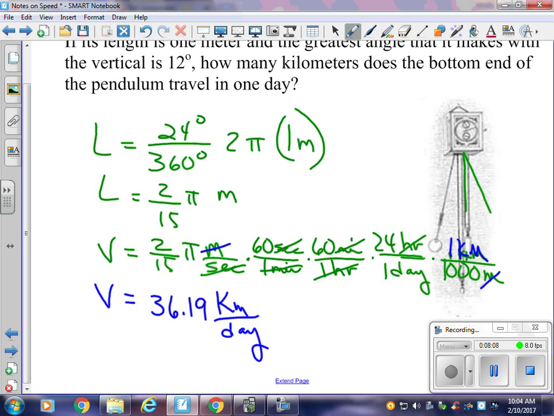Did you put the pi in there with the pi button? Times 60 times 60 times 24. Hit enter. Now hit the divide button. 15. Divide button. 1,000. Let's do it in pieces and see if that helps. Now you're getting 36.19? I got it.